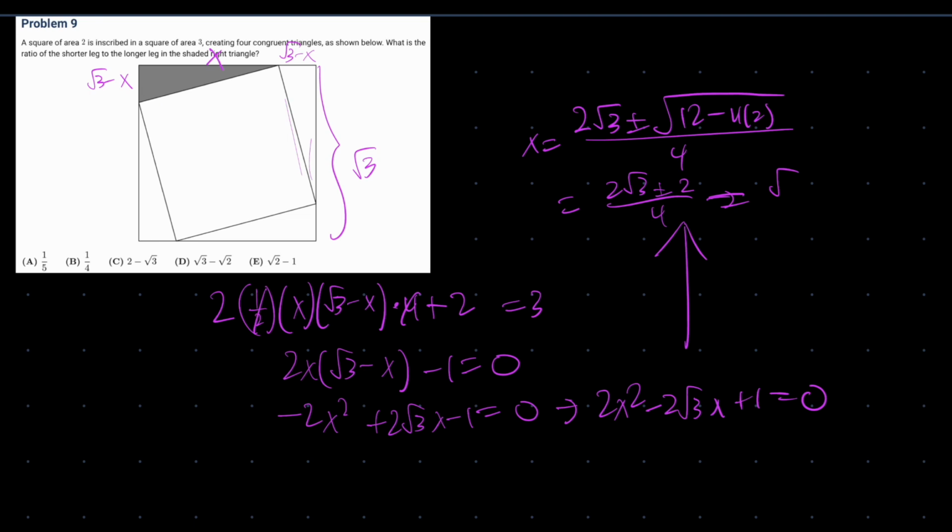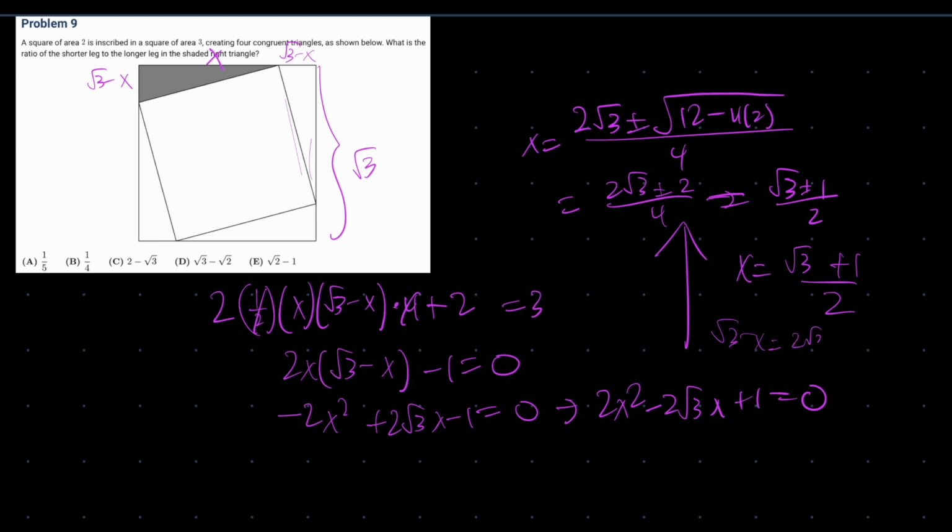So it's one of those two, and it turns out both of them are actually greater than 0. So let's just take the positive solution and see what happens. So if x equals root 3 plus 1 over 2, then root 3 minus x equals, well, 2 root 3 over 2, right?